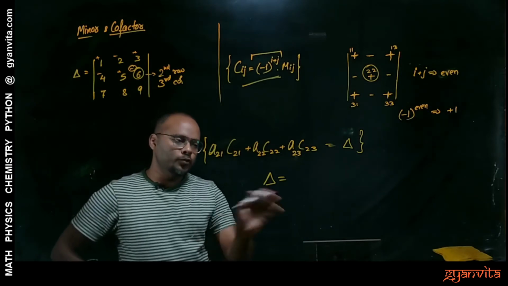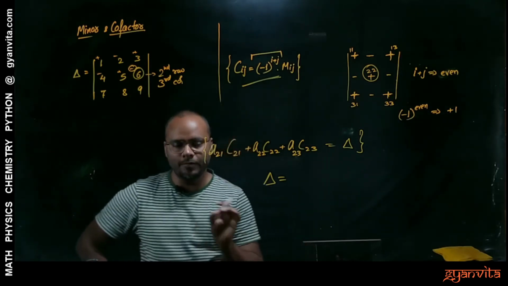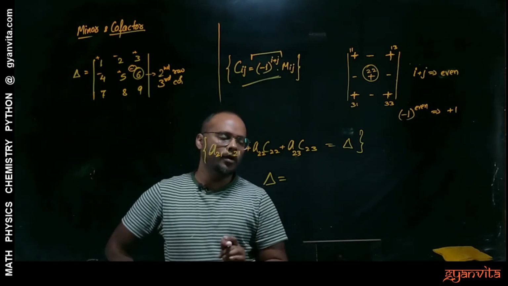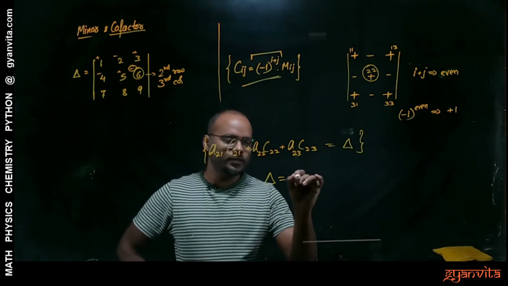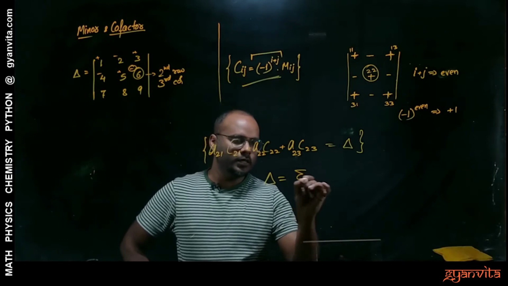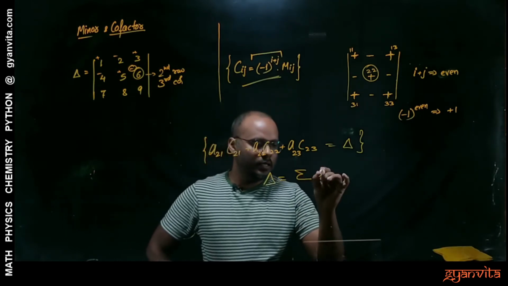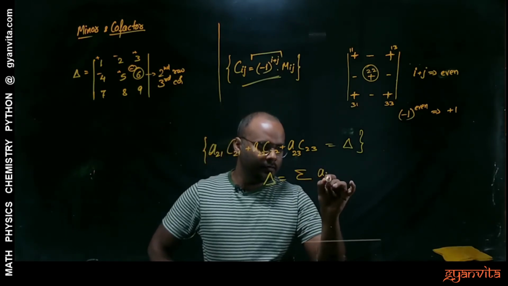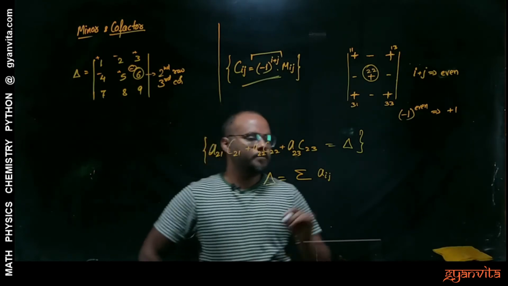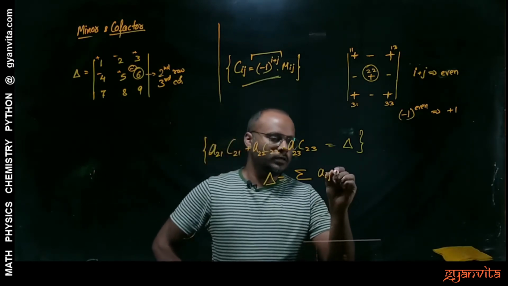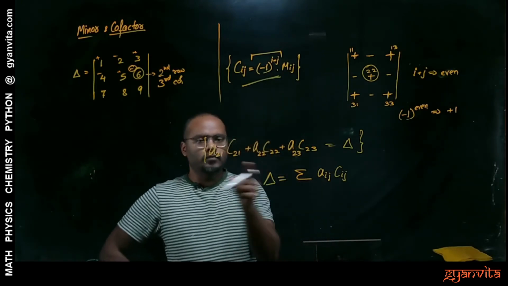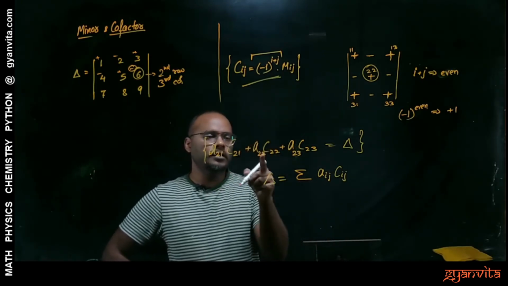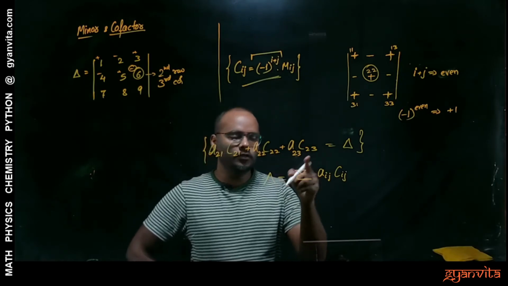How? If you choose any one particular row or one particular column, then this is equal to sigma of a_ij into C_ij: a21 into C21, a22 into C22, a23 into C23.